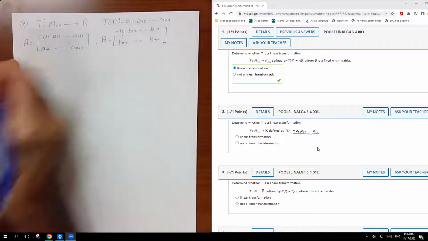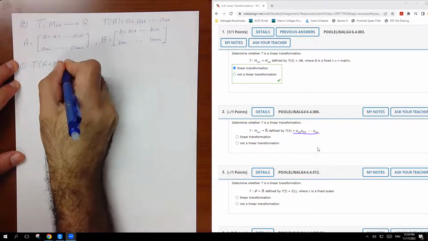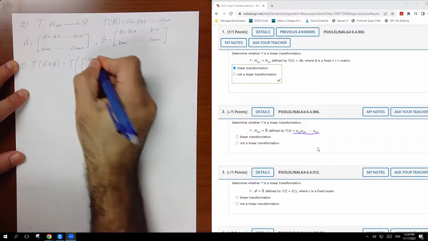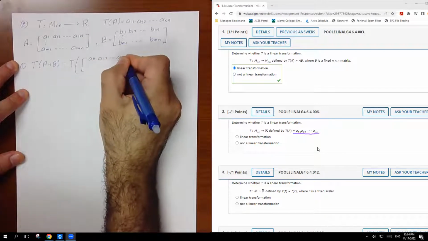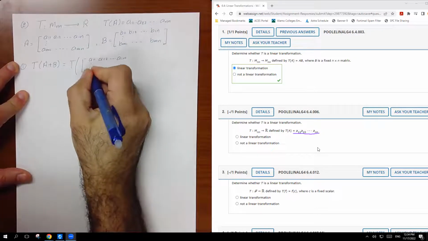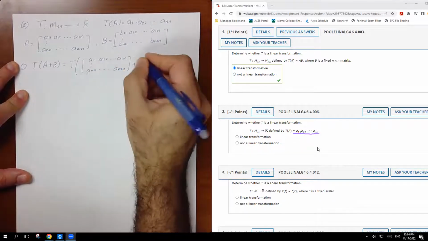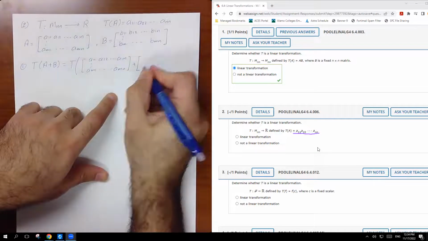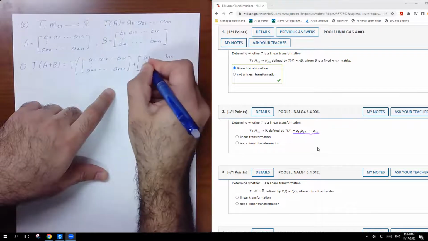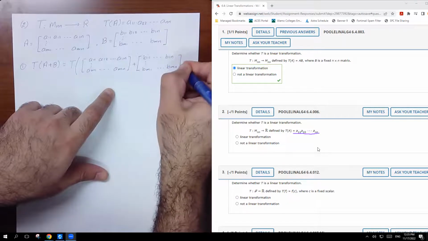For the first condition, we're going to say the transformation of A plus B is going to be equal to the transformation of the matrix A, which is A11, A12 until A1n, and so on until Am1 through Amn, plus the matrix B, which is B11 until B1n, and so on until Bm1 through Bmn.